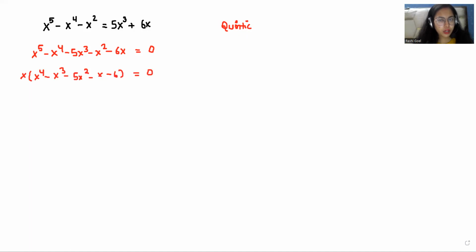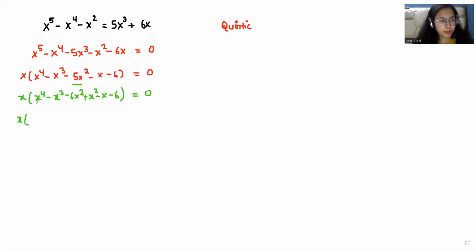Now I can write -5x^2 as -6x^2 + x^2, and the rest of the equation is the same, equals 0.